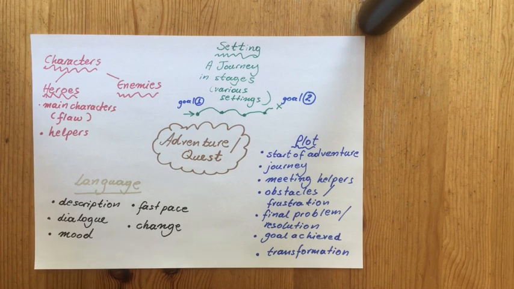Think of Luke Skywalker and Star Wars. Think of Charlie and the Chocolate Factory. Think of the Gruffalo. Think of your own story that you will write one day. Can you follow these elements here? I can't wait to read your own stories.